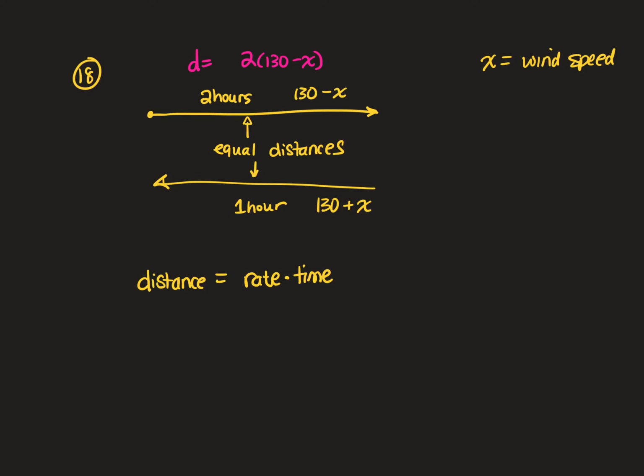And then the return trip, same distance, is going to be the rate, which is 130 plus x, times the time, which is 1. And what I know is that these two distances are the same. So now I can set up an equation that says that 2 times 130 minus x is going to be equal to 1 times 130 plus x. And then you have an equation that you can solve. Okay, hope that helps.